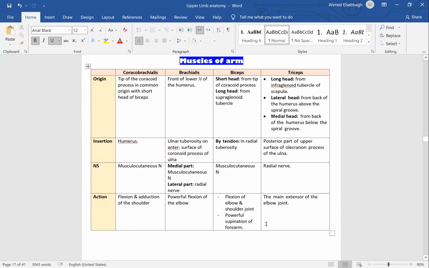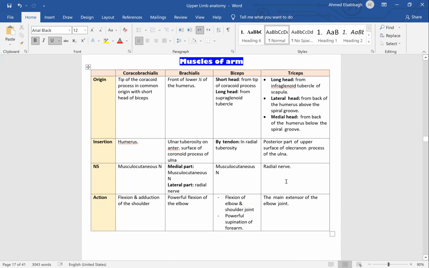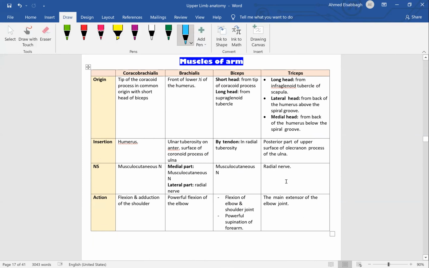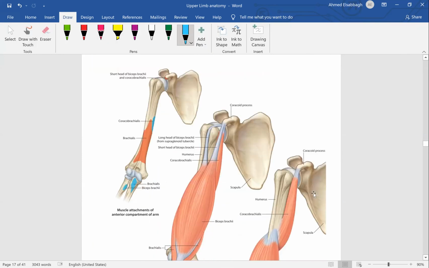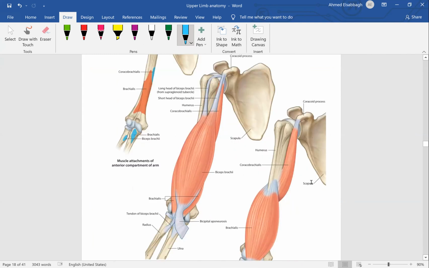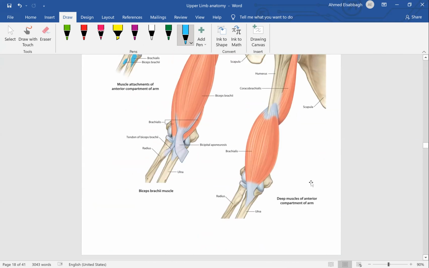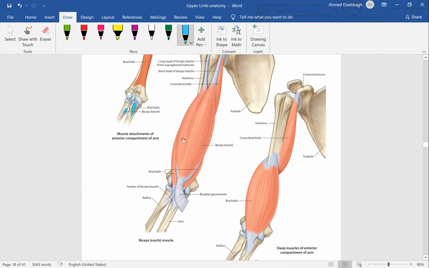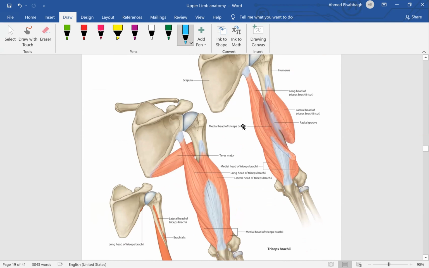Now with the muscles of the arm. This is the arm. It has two muscle groups: this is the anterior group, and this is the posterior group.